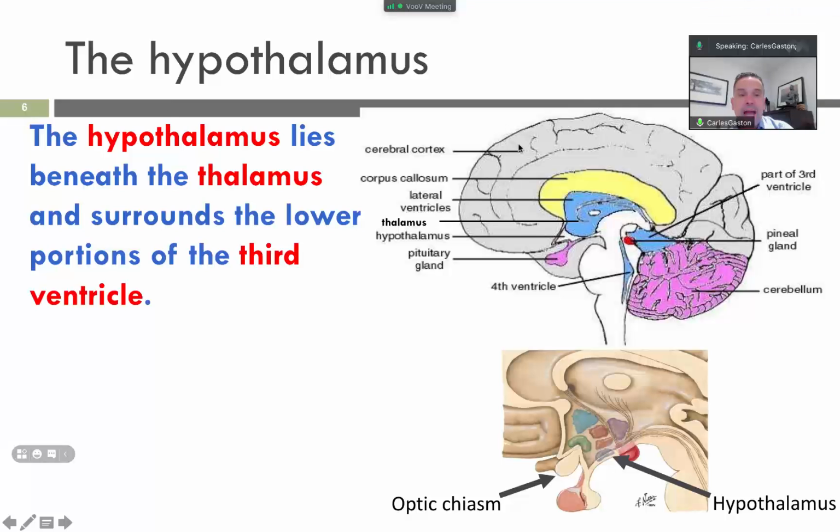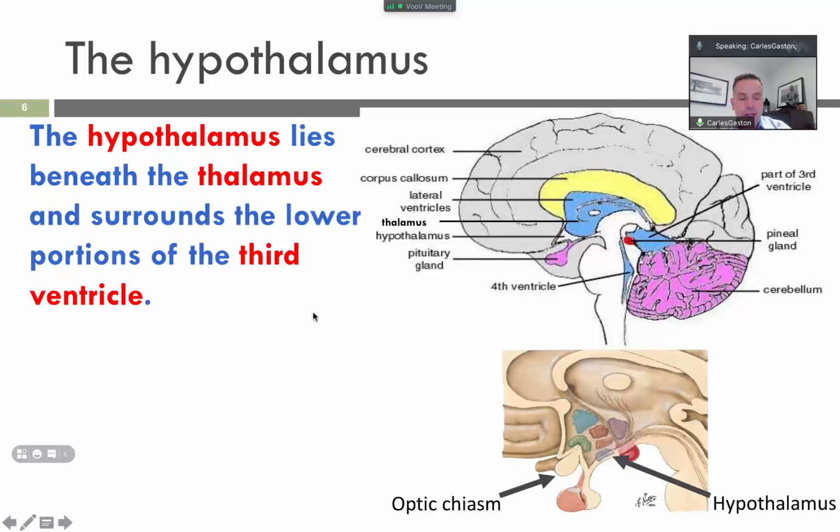So in this slide, you have the sagittal section of the brain, and the hypothalamus lies beneath the thalamus. Hypo means under, and the thalamus is the region of the brain here in blue. And it surrounds the lower portions of the third ventricle.